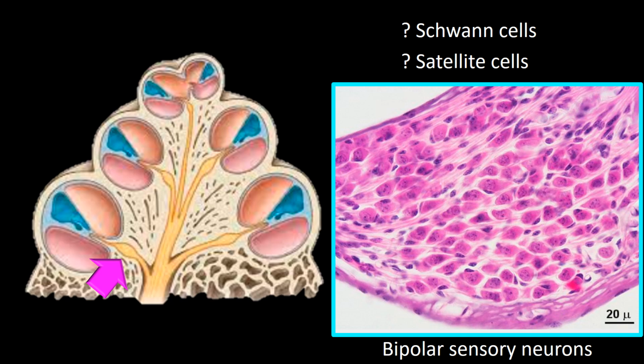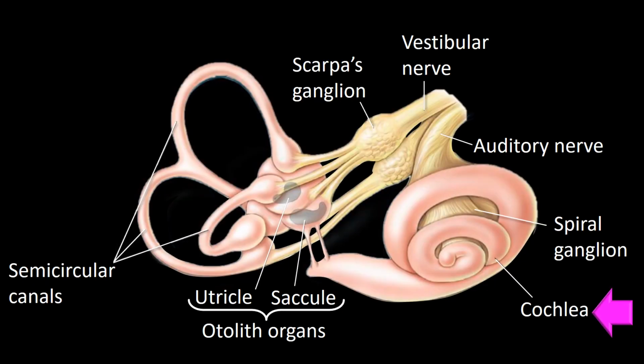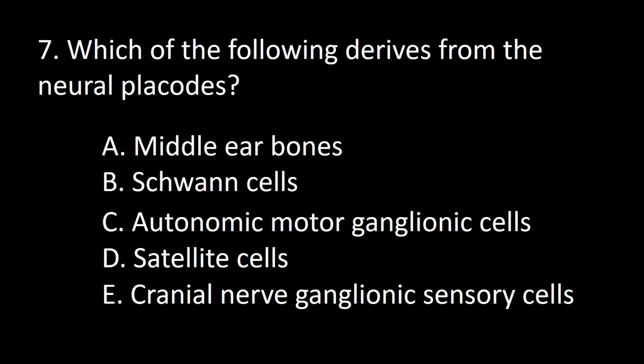These comments made for the spiral ganglia present in the modiolus of the cochlea can also be made for the elements inside Scarpa's ganglia. So the answer to this question is E. Thank you very much for your attention.